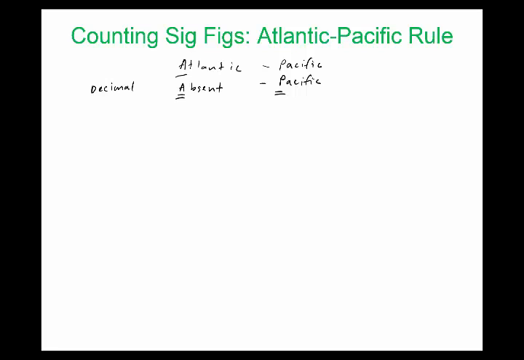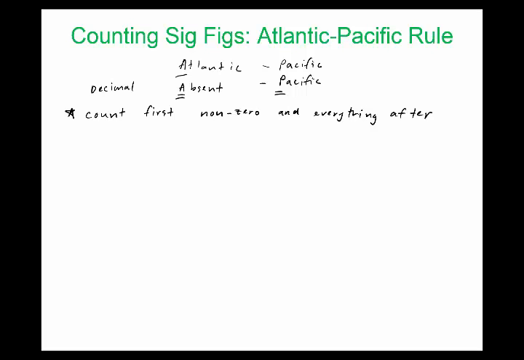Okay, so let's just look at a couple examples. There's really one rule for SigFigs. You count the first non-zero and everything after, including any subsequent zeros that come after the first non-zero.